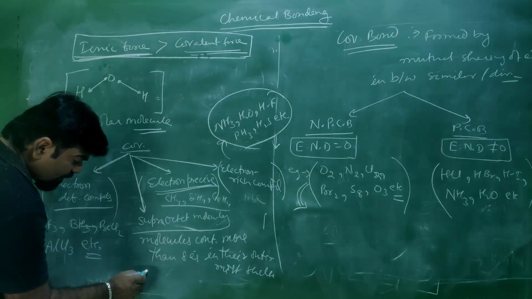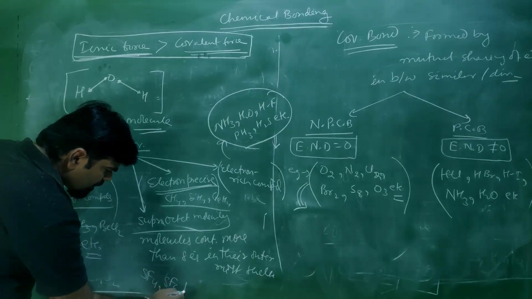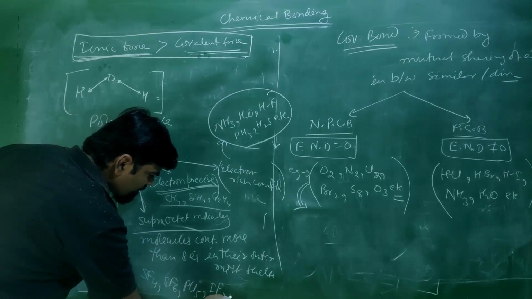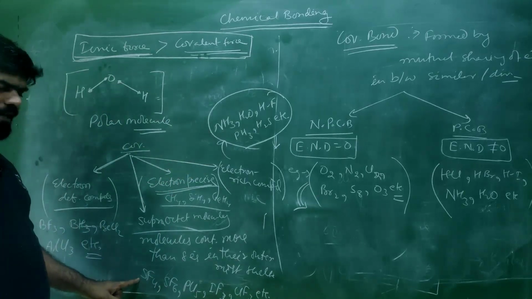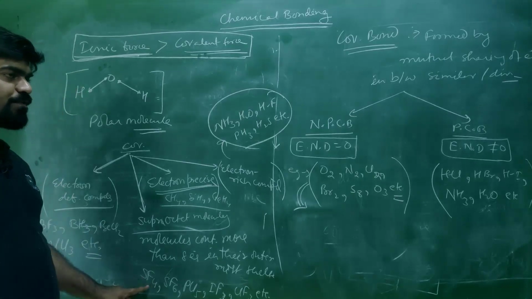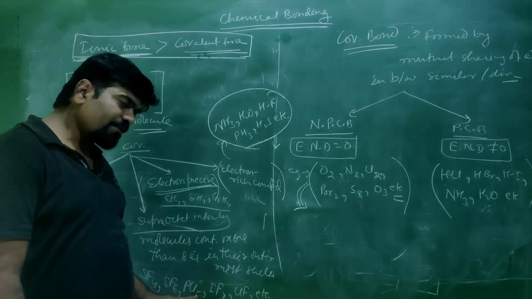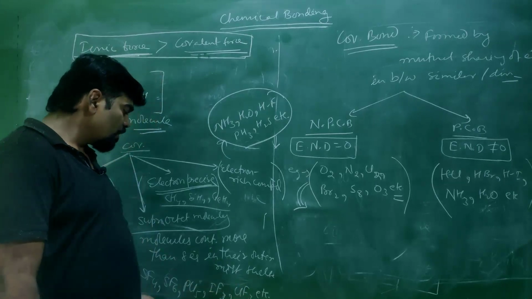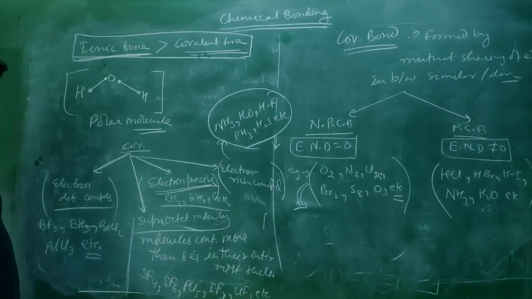Examples of such molecules are SF4, SF6, PCl5, IF7, ClF3, etc. Sulfur has 6 valence electrons, 4 overlapped with fluorine, so 6 plus 4, 10 electrons in the outermost shell; 6 plus 6, 12 electrons; 5 plus 5, 10 electrons; 7 plus 7, 14 electrons; 7 plus 3, 10 electrons. So all have more than 8 electrons in their outermost shell. They are called supraoctet molecules.